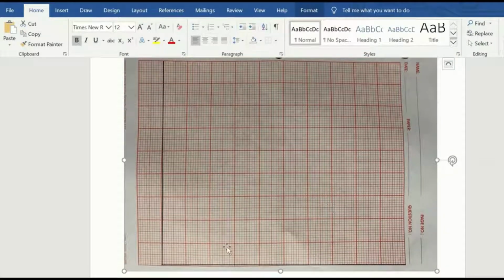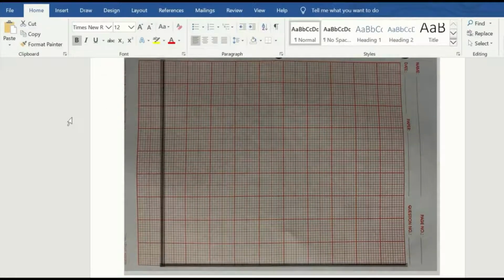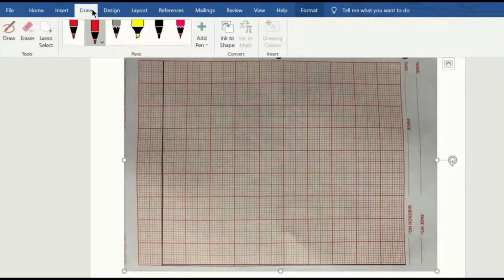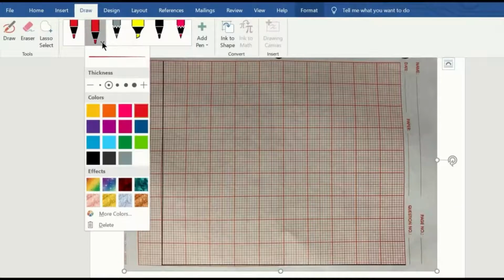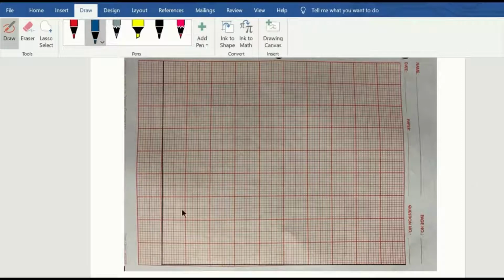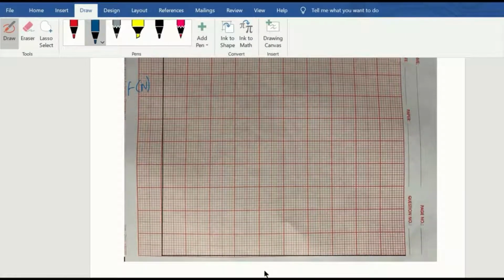All right, good. So what I do next is to choose a scale. Let me use a dark blue marker. Step 1, here is my load, or call it the force, in Newtons, and here is the extension, which is in millimeters.